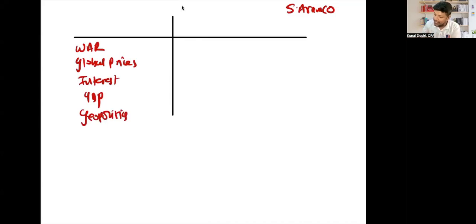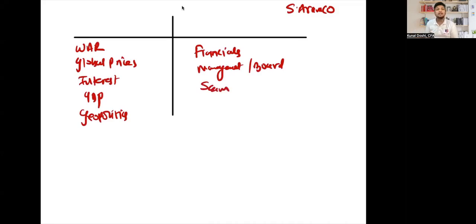So can I say demand and supply, or the financials of the company? What if its profit is falling? What about the management or the board? Even changes in the board and management might affect the stock price, isn't it? What if there is a scam or a corporate governance issue?